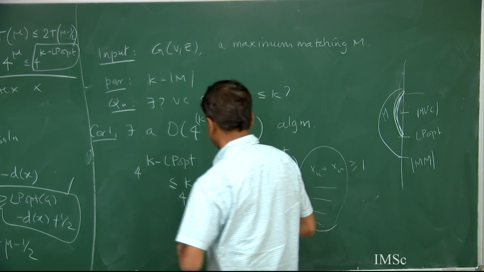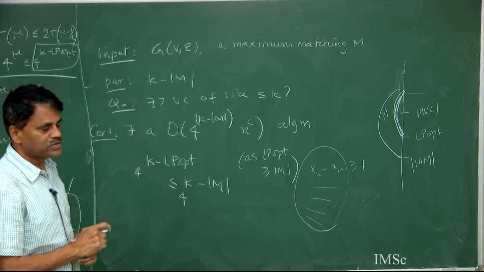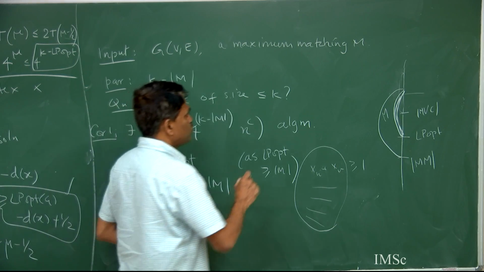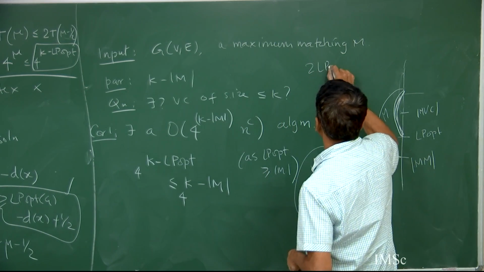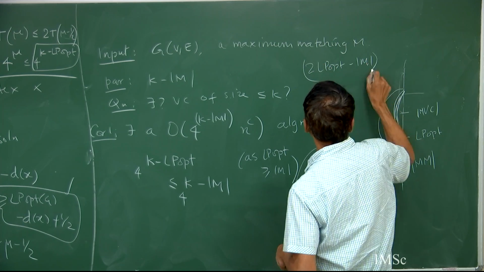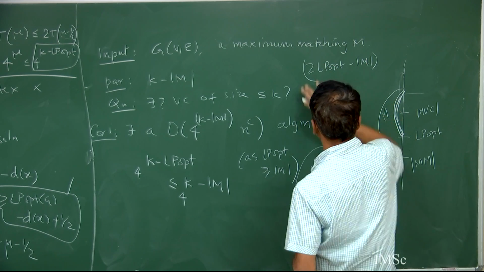I don't know whether anybody remembers, it is 2 times LP opt minus maximum matching or something like that, k minus this.